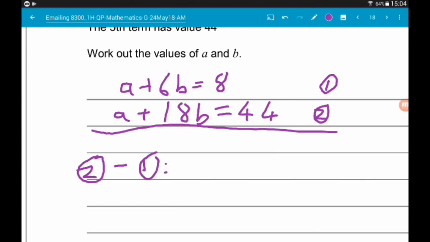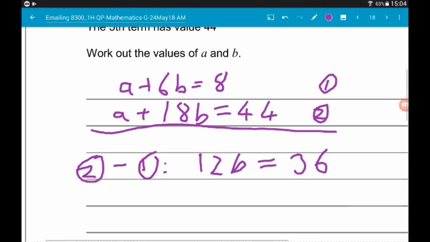So A take away A cancels out, gives us 0. Then we're doing 18b minus 6b, so that's going to give us 12b. And then on the right, 44 minus 8 is 36.